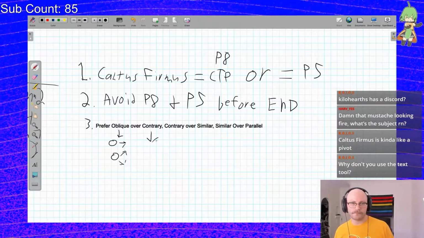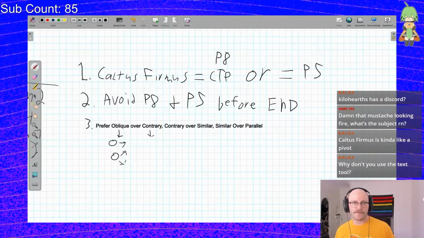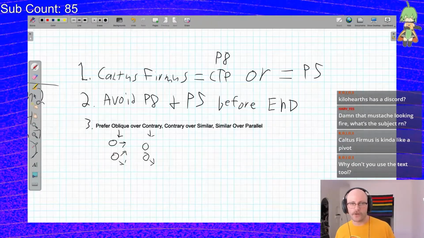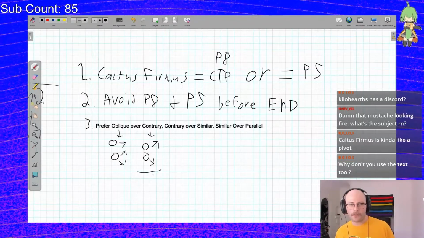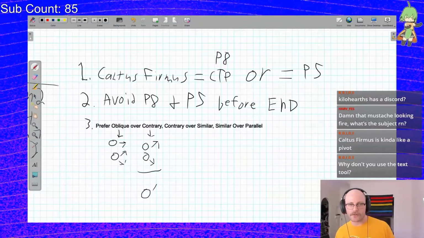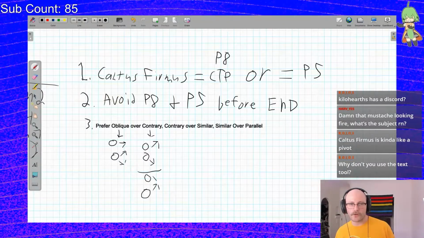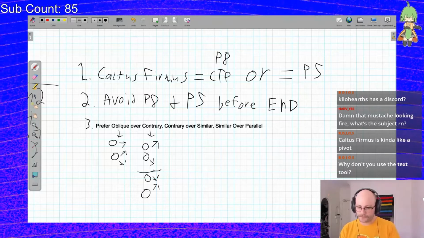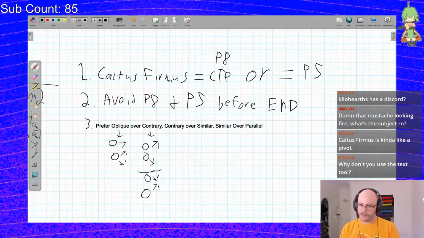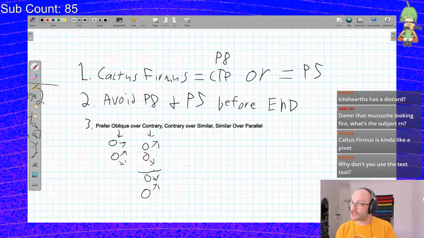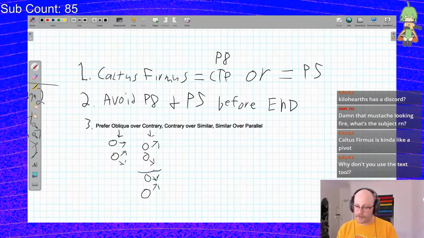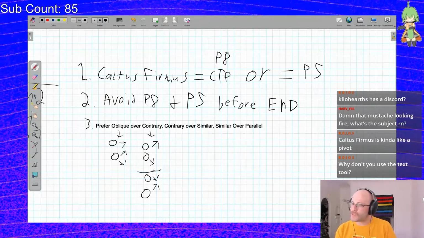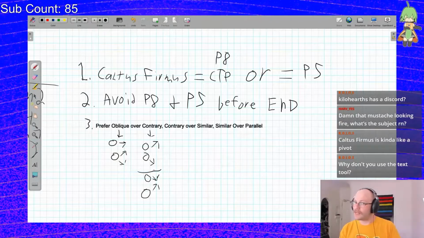Contrary motion says that if the cantus firmus goes down, your note goes up. Or if the cantus firmus goes up, your note goes down. So, going back to our example, C to G, the note in the cantus firmus will go to a D. The note in our counterpoint will fall down to this F. Sound kind of like this.